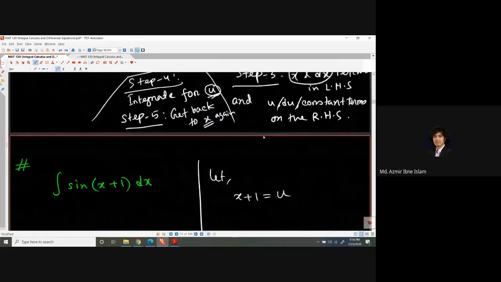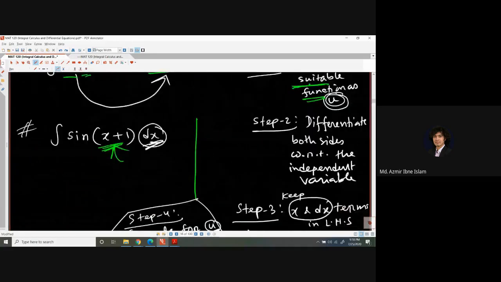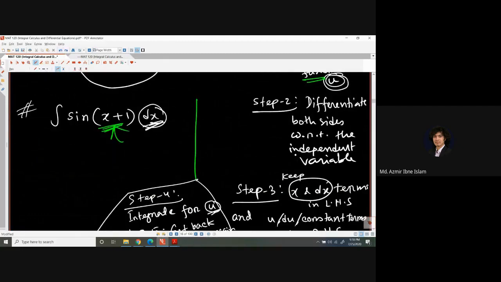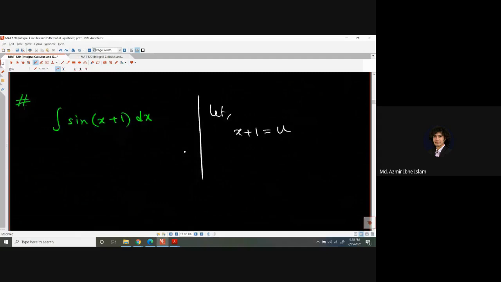In step 2, we have to differentiate both sides with respect to the independent variable. So here we have the independent variable x. Let's differentiate in terms of x. So we are getting d/dx of x plus 1 on the left side and d/dx of u.